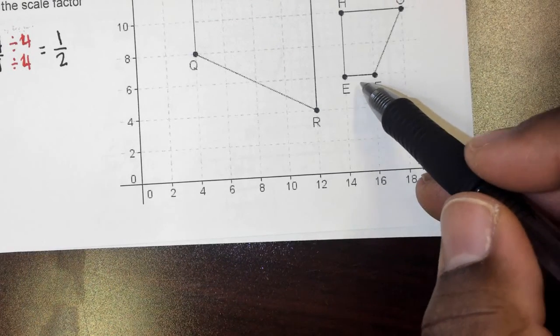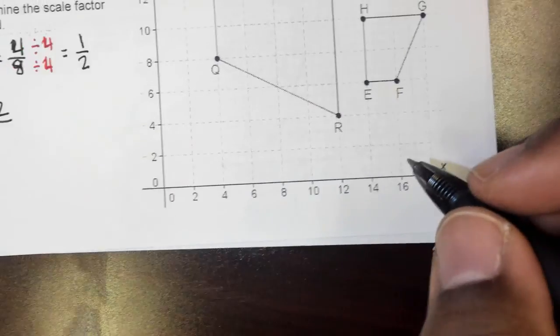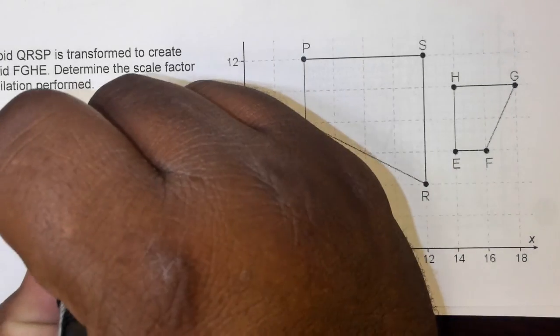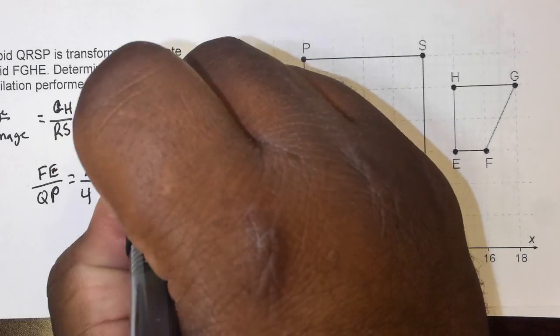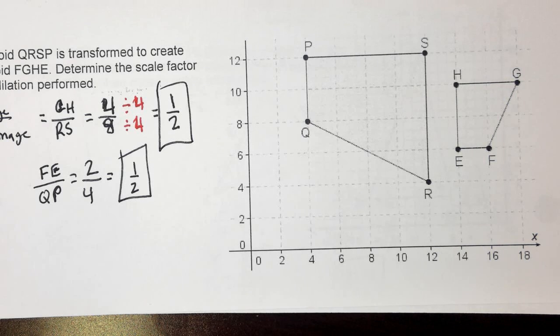FE is 1 space, so that's 2, because it's counting by 2s. And then QP would have been 2, 4. So it would have been 2 over 4, and that would have reduced down to 1/2 as well. You get the same scale factor. You just need to match up two sides that you can count. That's all you have to do to find scale factor.